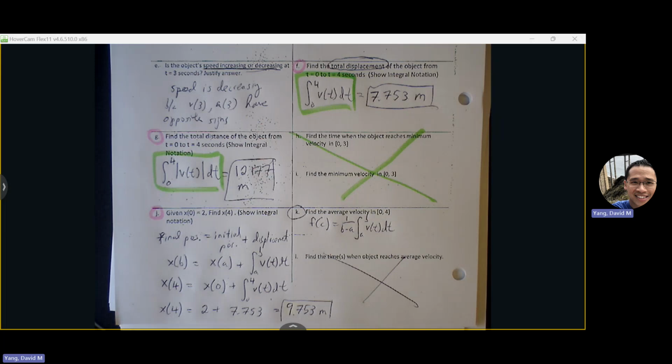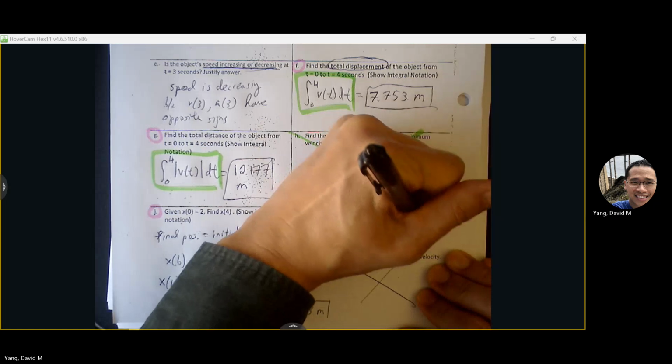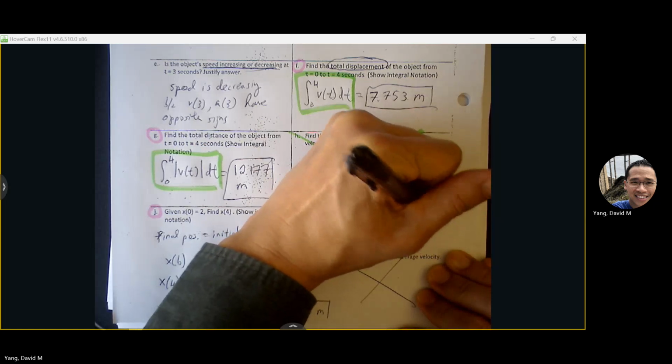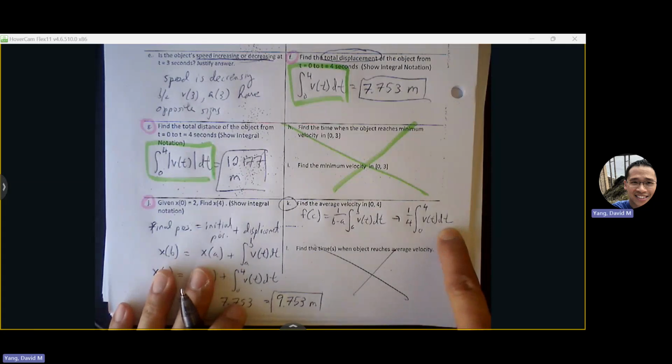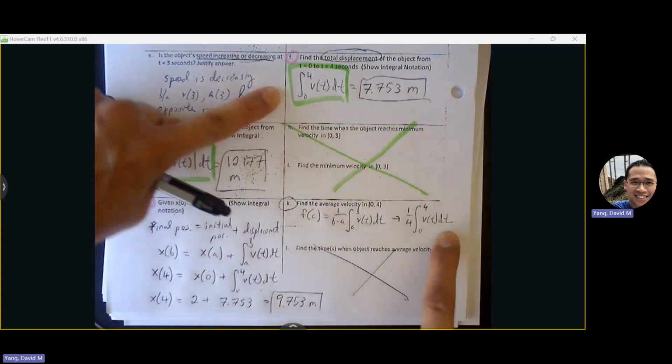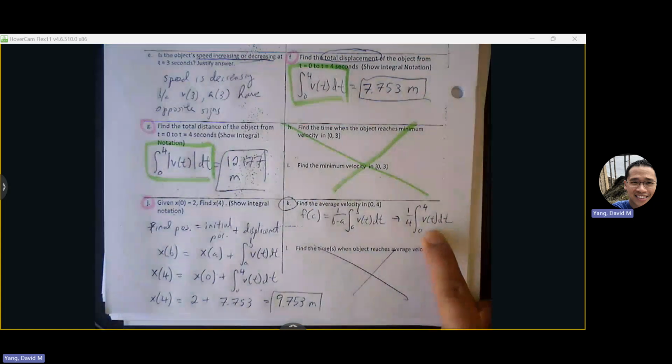Our a and b values are 0 and 4, so we can just get that 1/4. And just plug this in our calculator. Now we can just carry this number down if we want to, or we can just do the process again, do math 9, integral from 0 to 4 of your v of t function that's stored under y1.